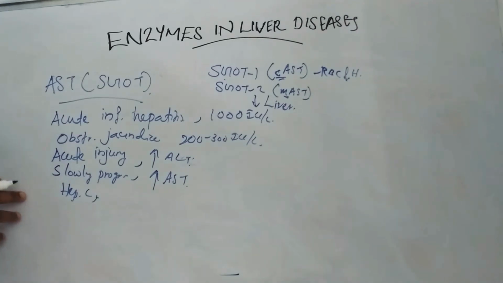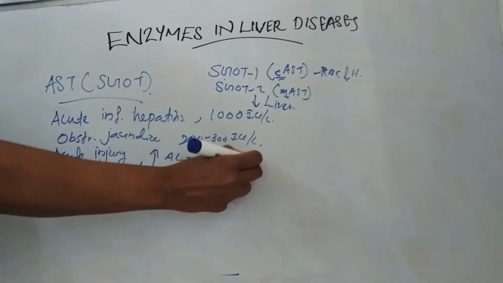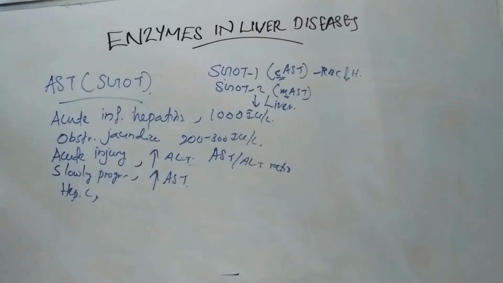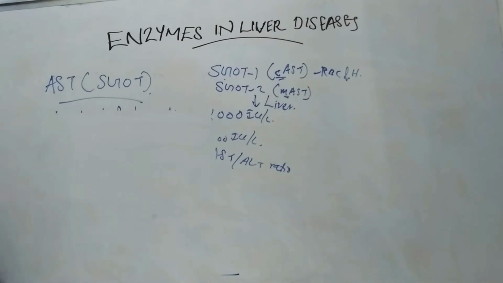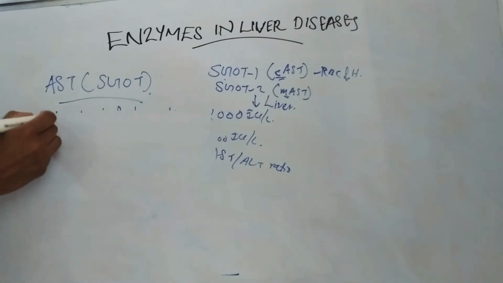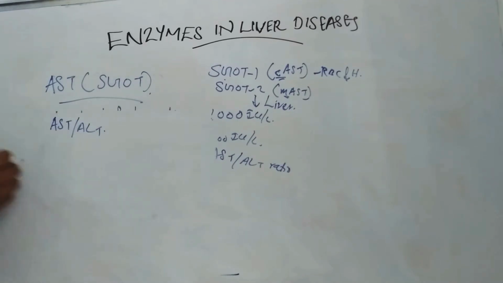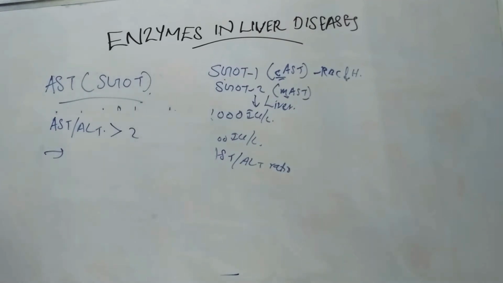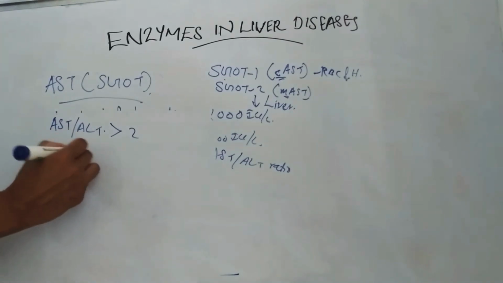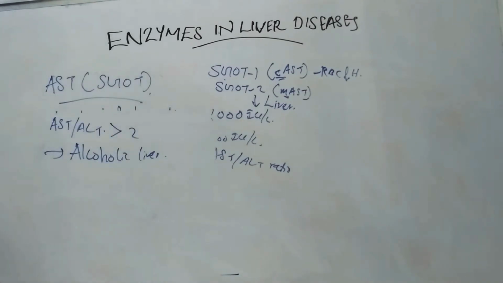This enzyme relationship we can describe as the AST-ALT ratio. For example, if the AST-ALT ratio is greater than 2, it indicates alcoholic liver disease.